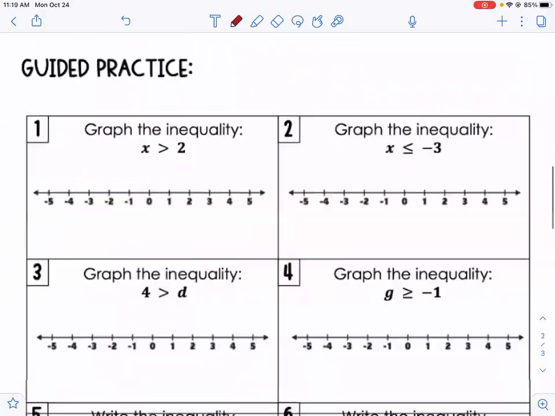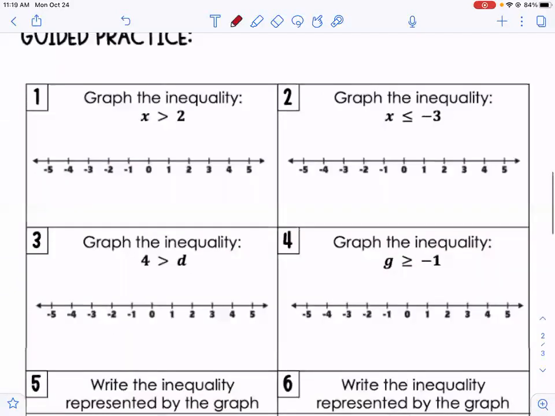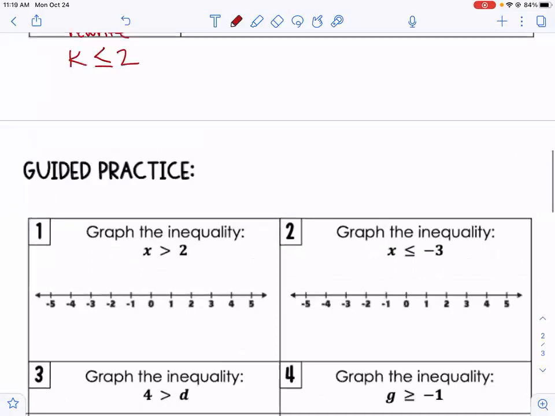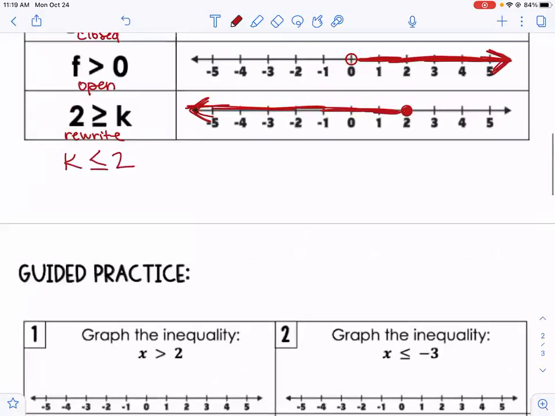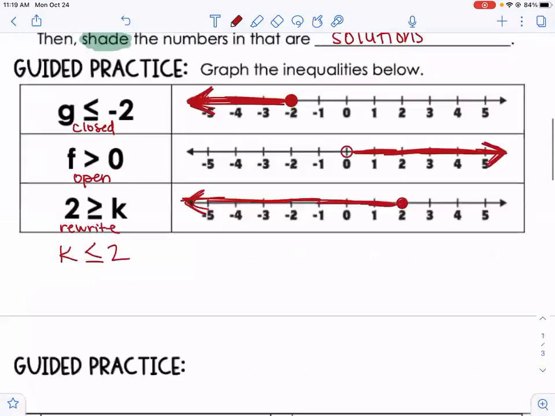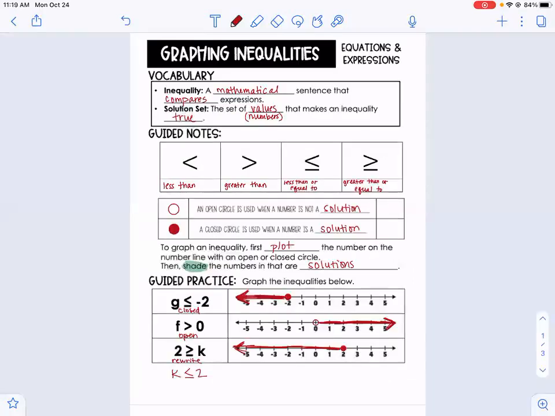Okay, please graph 1 through 4 on the next page for me, please. Here, I'm going to have you write it down in the blanks, all of that stuff right there, okay?